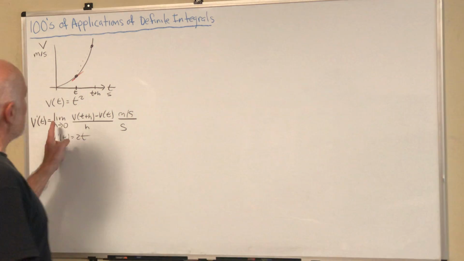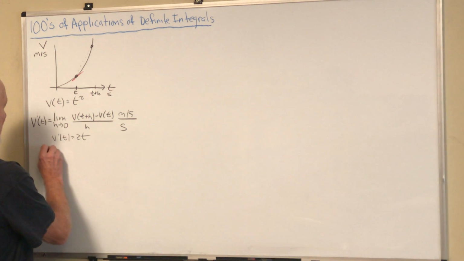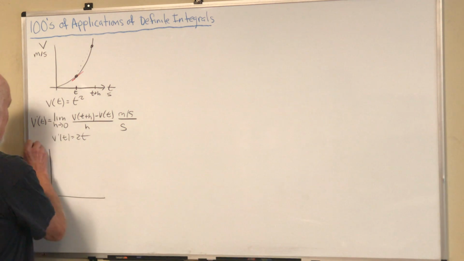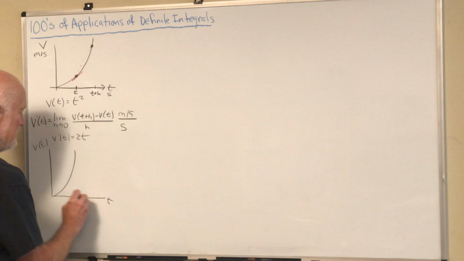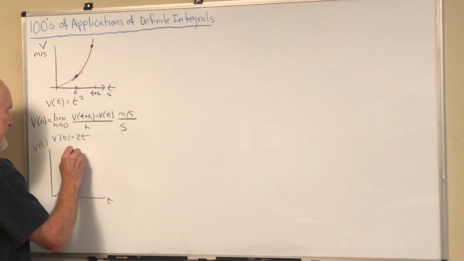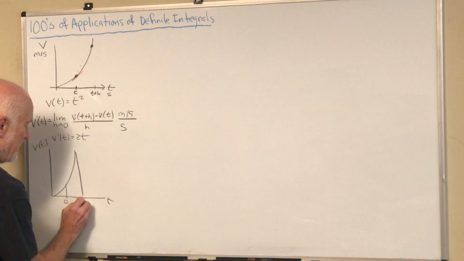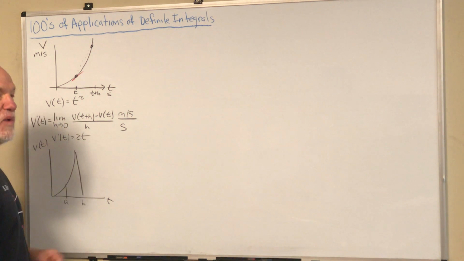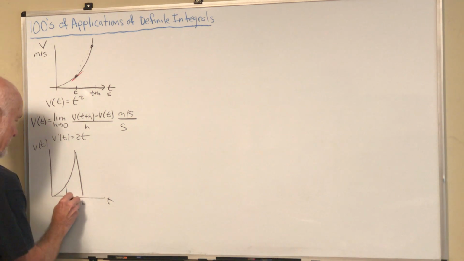Well, limits came into effect again because we decided it might be a good idea if you had v of t and t to find the signed area between one time period and another time period. And the way we did that was to make these little rectangles.